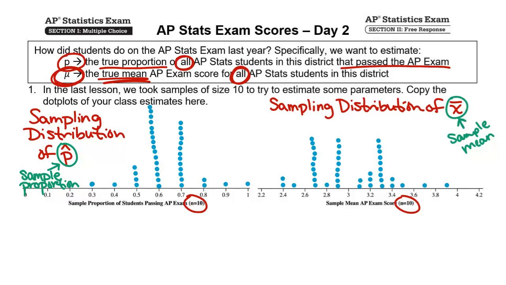If that's the true proportion, then what should we label it as? P hat would be a sample proportion. This is p because it's the true proportion. I'm going to add this to the picture. 0.652 would be about here. So p equals 0.652.